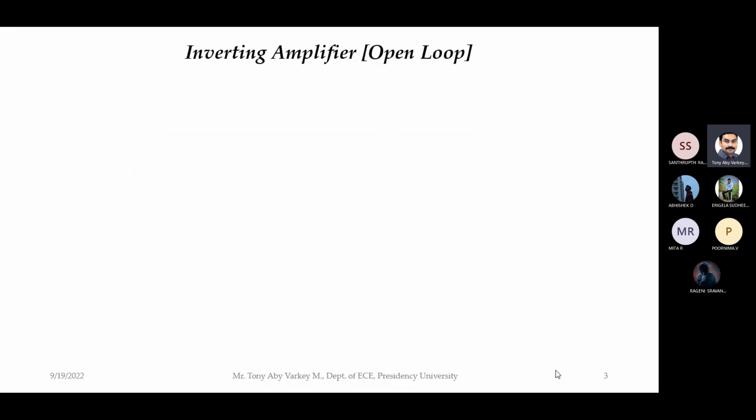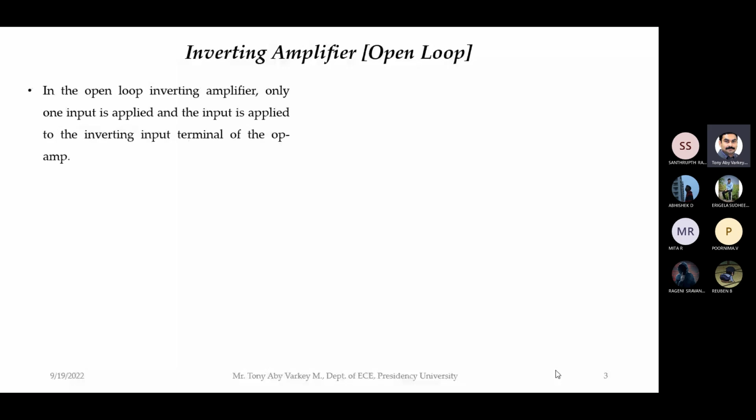Please note that this is open loop configuration. In inverting amplifier, only one input is applied, and the input is applied to the inverting input terminal of the op-amp. As you know, there are two inputs to the op-amp: one is the inverting input terminal and the other is the non-inverting input terminal.